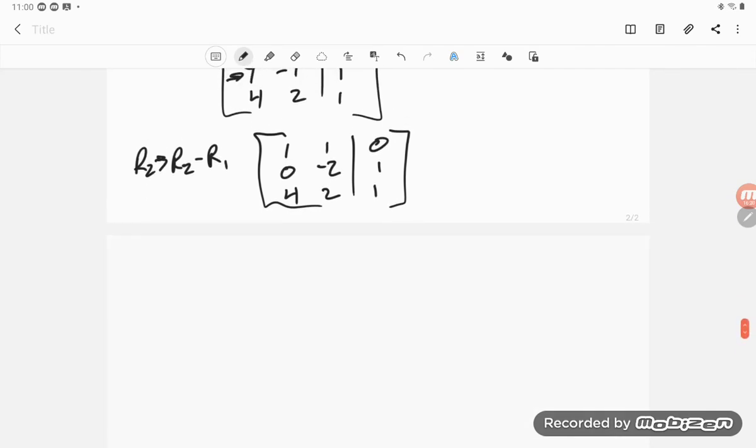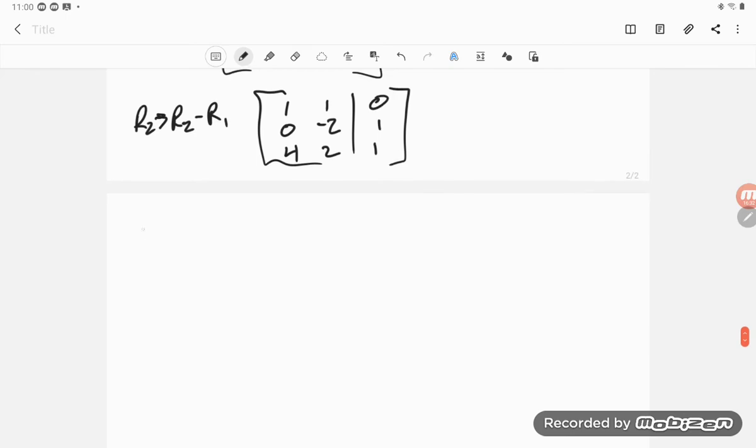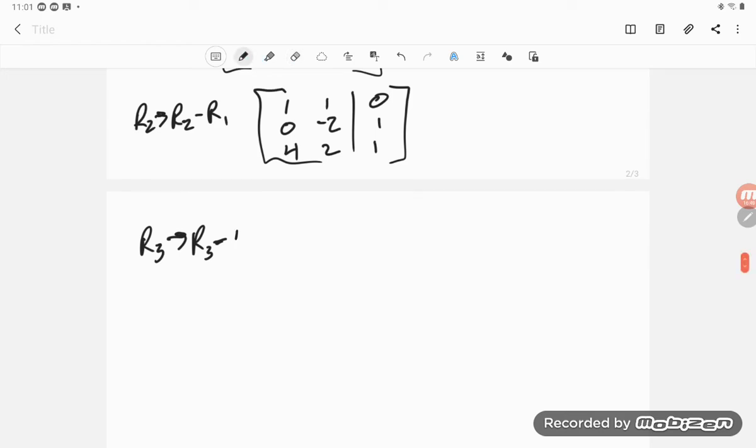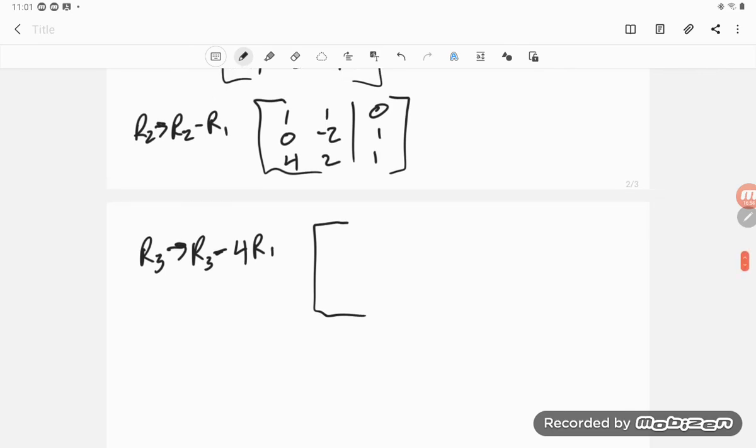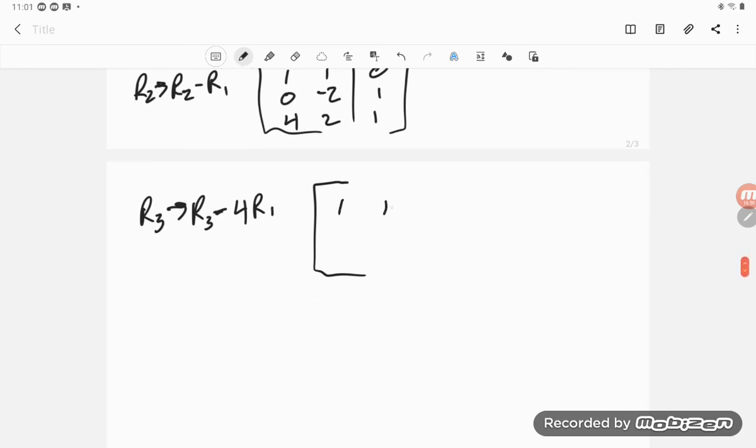Now, as I look at that, I'd like to get rid of that 4, so I'm going to take row 3 and take row 3 minus 4 row 1. And so again, row 1 stays the same.